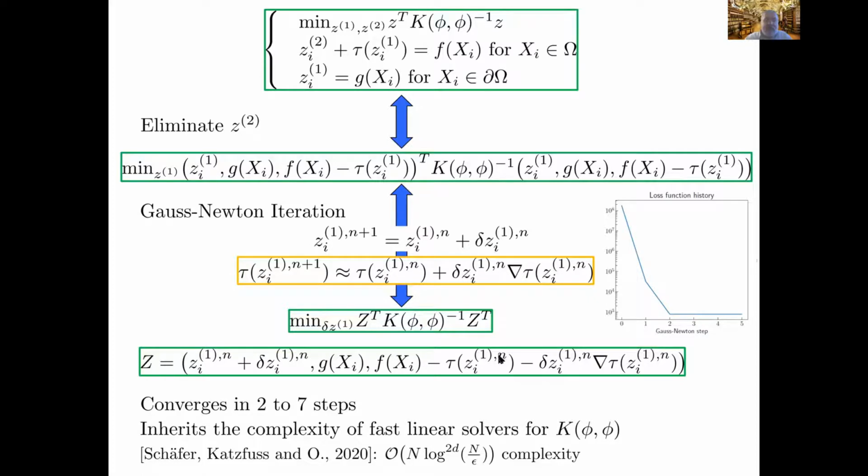In practice, this Gauss-Newton algorithm converges in 2 to 7 steps, 2 steps for this particular nonlinear elliptic PDE, which means that the complexity of our nonlinear PDE solvers inherits the complexity of inverting dense kernel matrices. And we are currently adapting the algorithm found in this paper to do so in near linear complexity.